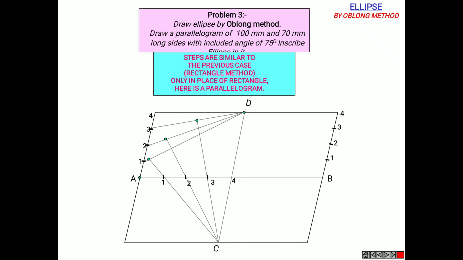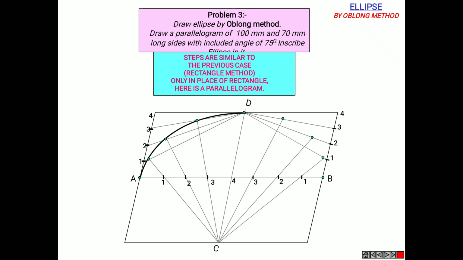Repeat the same step towards the right top of the rectangle. Mark the points at intersections. Join the curve. The same reflects in the bottom end of the parallelogram.